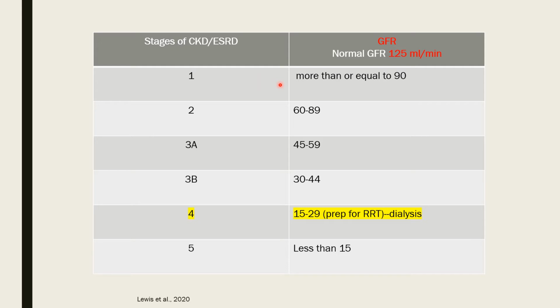For example, with stage 3B, the GFR is 30 to 44. Stage 4 drops to 15 to 29, and less than 15 is stage 5. Technically, dialysis starts at either stage 3 or stage 4, depending on what's going on with your patient.